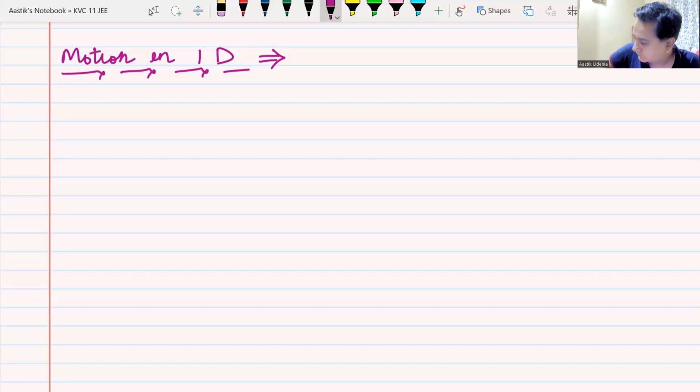Okay. Now, to study this motion in 1 dimension, see, whenever we are faced with a problem, whenever we are facing a challenge, we must have arms and ammunition. When I say arms and ammunition, I do not mean guns and bullets and rocket launchers.